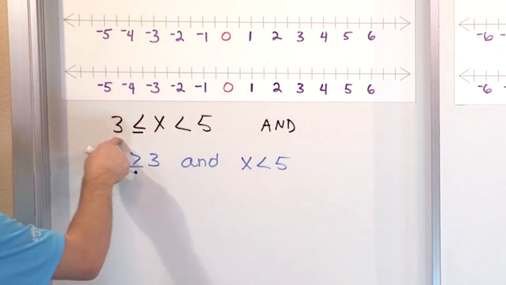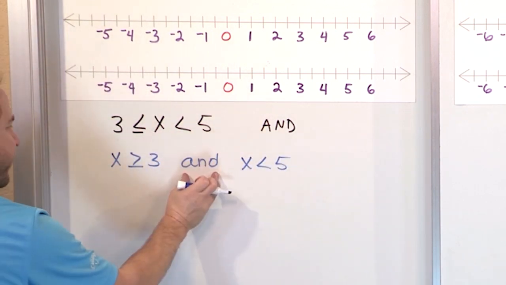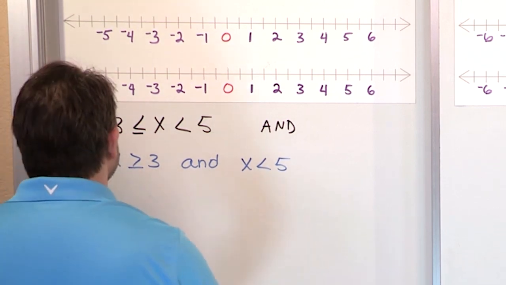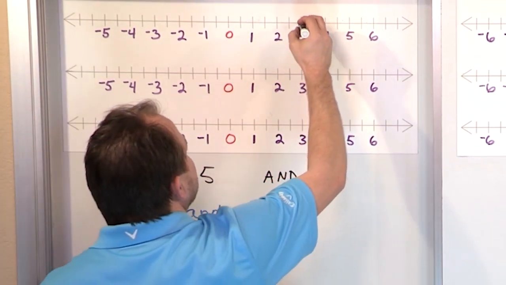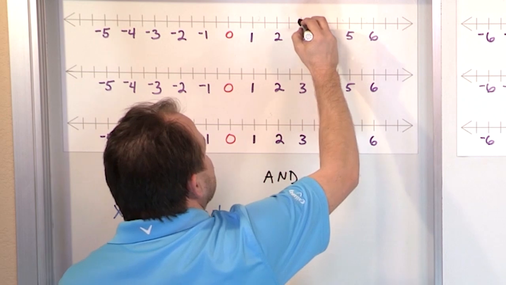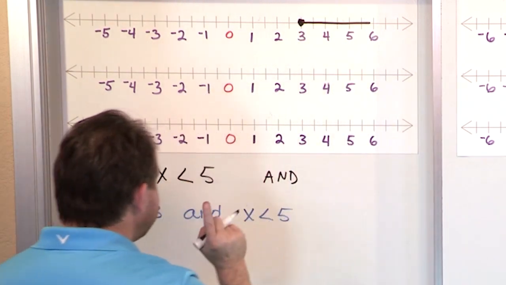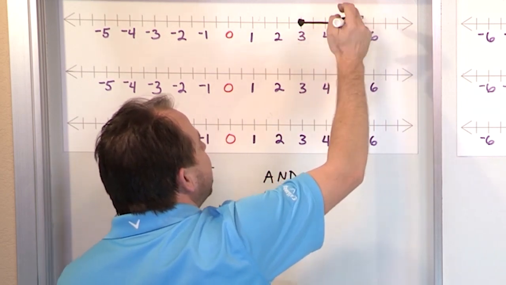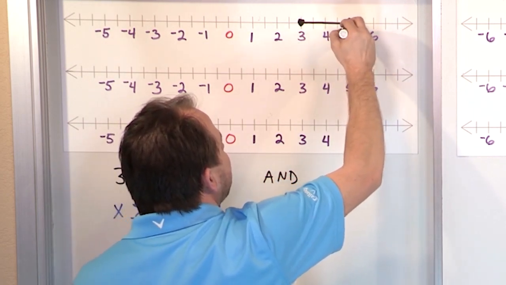So you have to go inside out to translate like this, and you have the word "and". Then you graph it. You go up here to the number 3, you fill in the circle at 3, and you say x is greater than that. Okay, but then x is also less than 5. I went too far, and it's an open circle because it's not equal to 5.